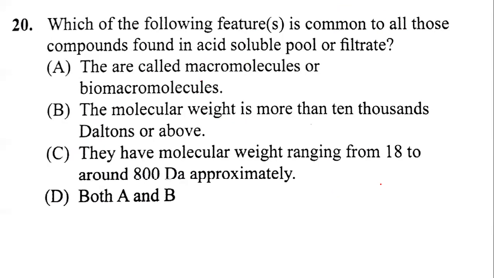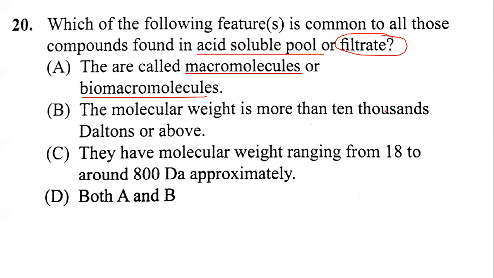Which of the following features is common to all those compounds found in the acid soluble pool? You have to understand the acid soluble pool, otherwise called the filtrate. They are called biomacromolecules? That is absolutely wrong.